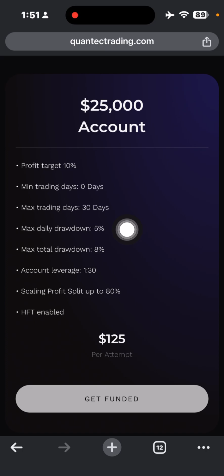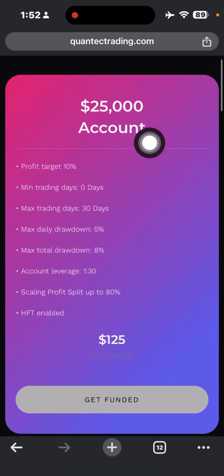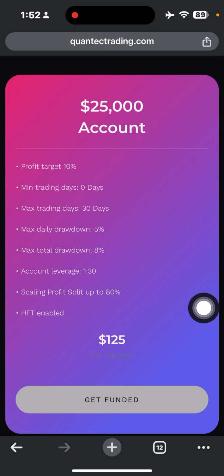But knowing that you can open that kind of trade, they also limit you in the amount of loss you must not exceed in terms of drawdown. Once you hit 5% drawdown, you've lost the account, which means you've lost this money. This 25K account will be given to you for just $125. The other aspect is they enabled HFT.